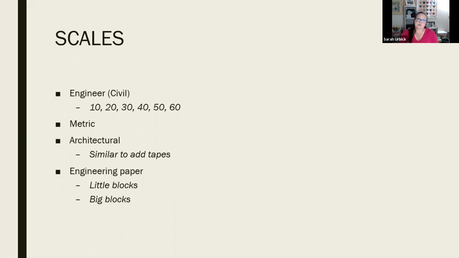A 60-degree angle, go over 1, up 2. So those come in handy. So you can get in the ballpark. You don't necessarily have to have a protractor to do the homework, to draw the sketches. I recommend it, but you can still get pretty close just by using engineering paper, and you don't even need a scale. Any straight edge will do. A piece of cardboard could get you through, could get you close.